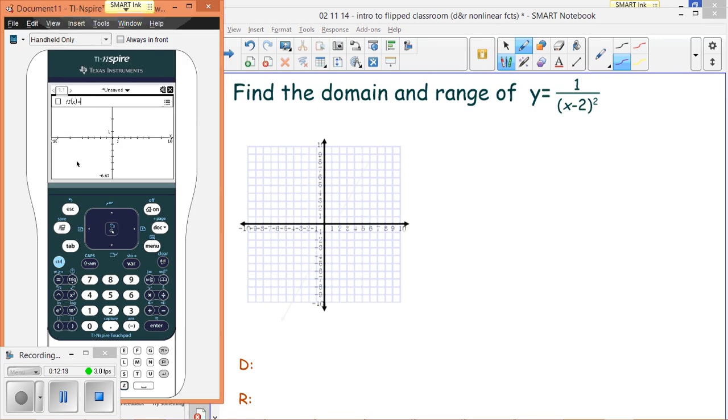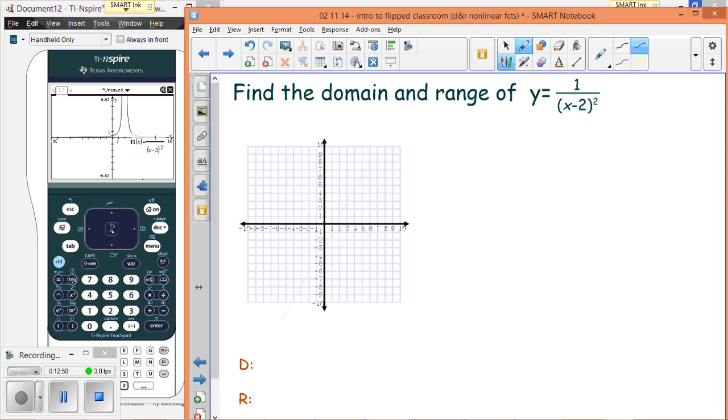We are going to type this in. 1 divided by, and I need parentheses around this bottom part, x minus 2, and the whole thing gets squared. Let's see what happens. What in the world is that? Well, that is a function that looks a lot like this.